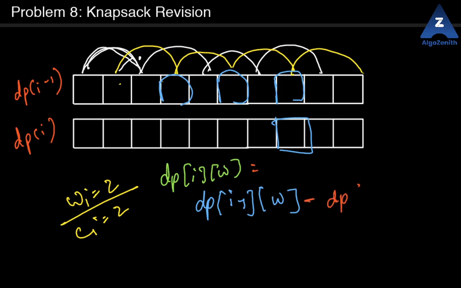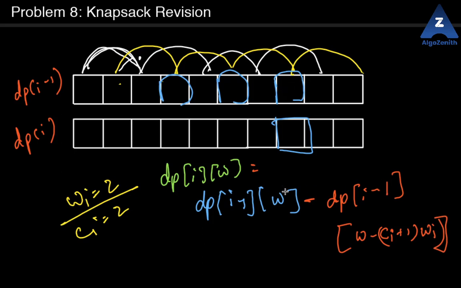So this will be dp of i minus 1 comma, what is the weight that we subtract? We can take 0, wi, 2wi up to ci times wi, right? So we subtract the part of w minus ci plus 1 times wi, because from there onwards all these multiples will not be included in that.